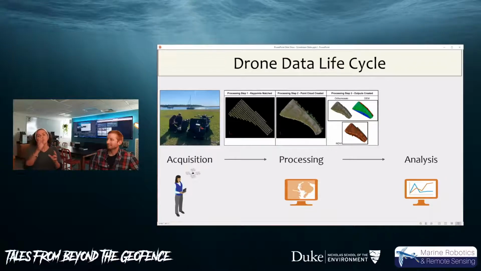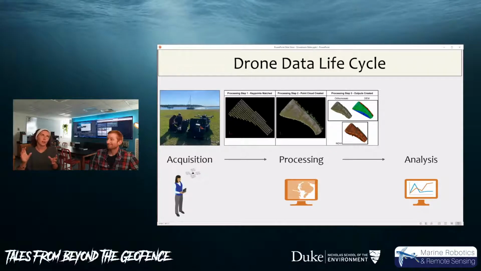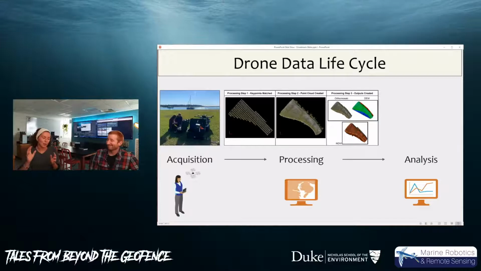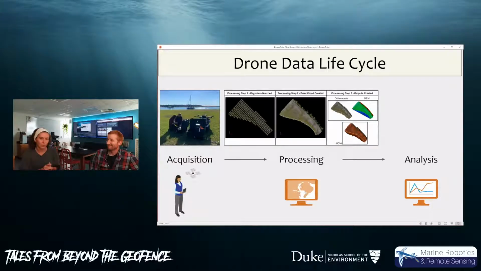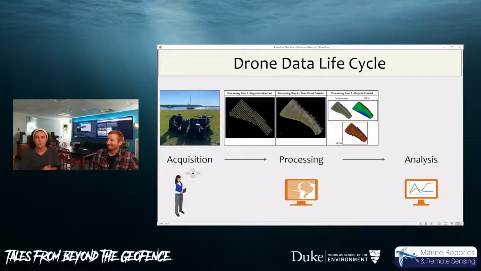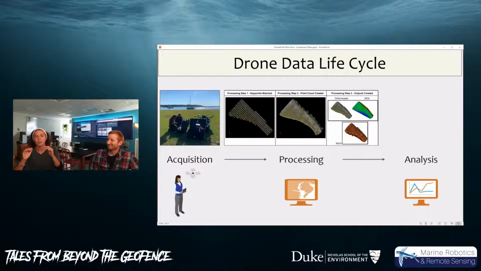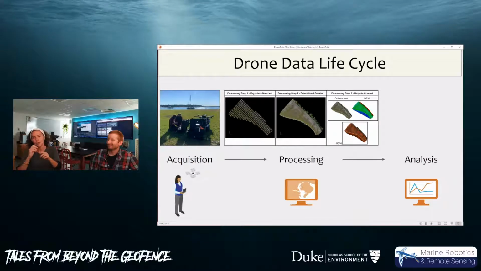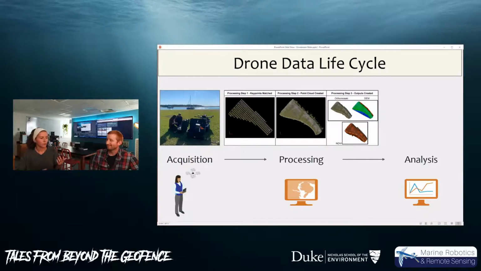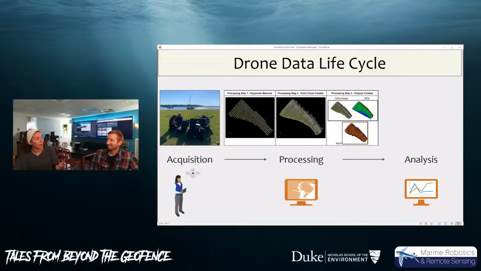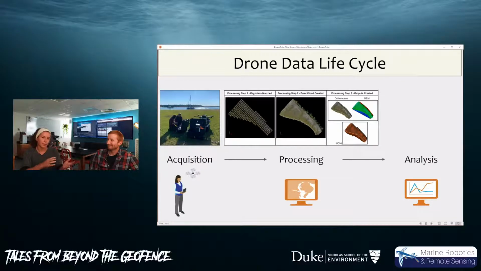But this processing phase has a ton of nuance in it, and that's probably the most detailed part of the protocol, because it's really like following a recipe, with all these little settings you toggle, and how you account for the imagery that you have and the site that you're studying.